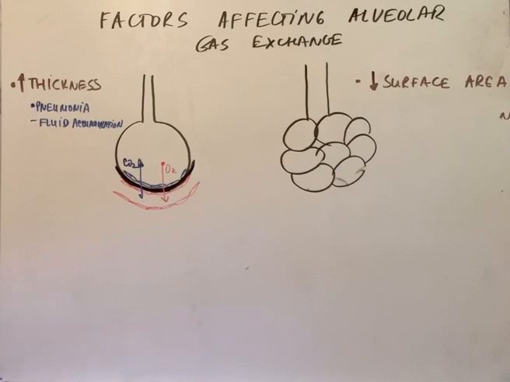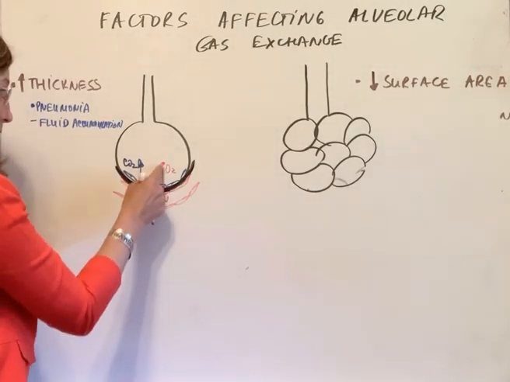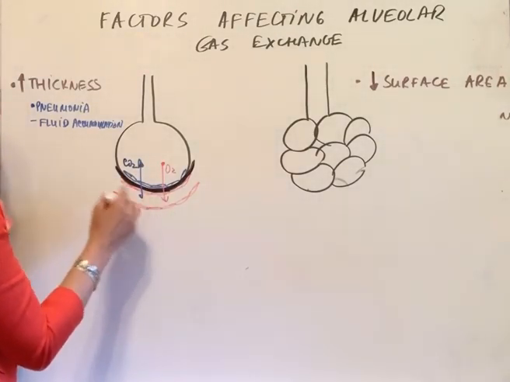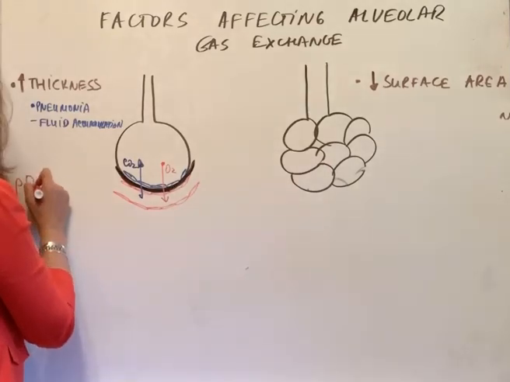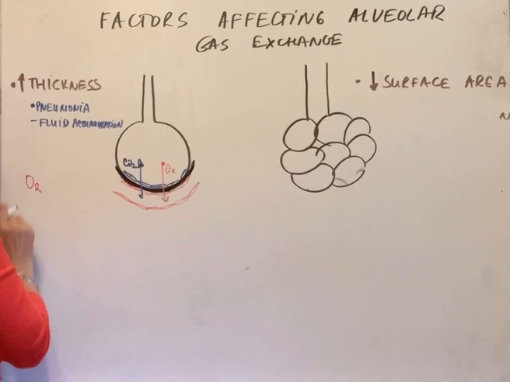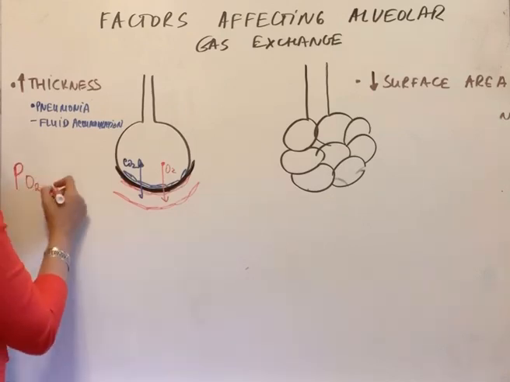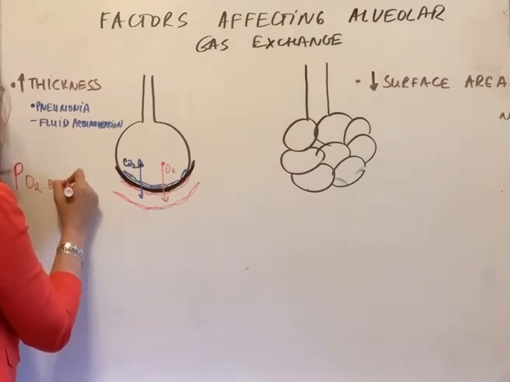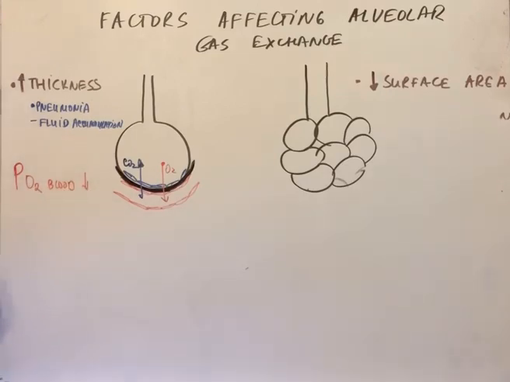And in terms of partial pressures, it is going to result in low partial pressure of oxygen in the blood, right? Because we have less oxygen diffusing in. So partial pressure of oxygen in blood is going to decrease.